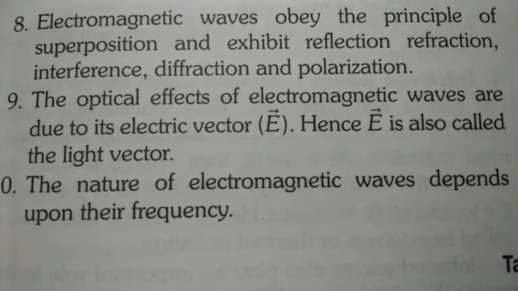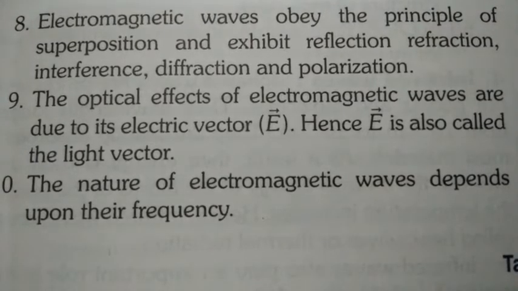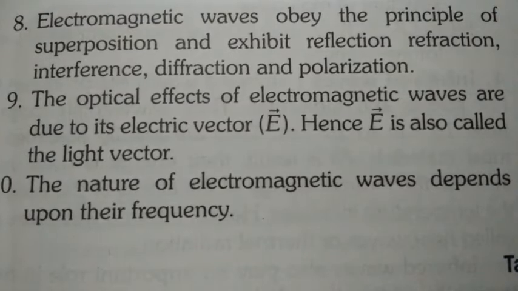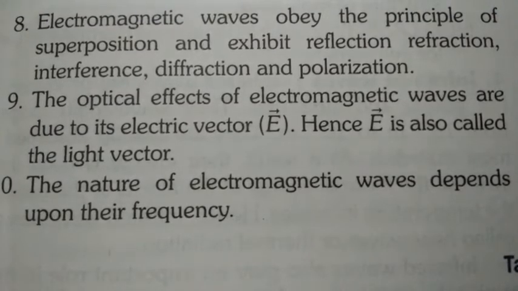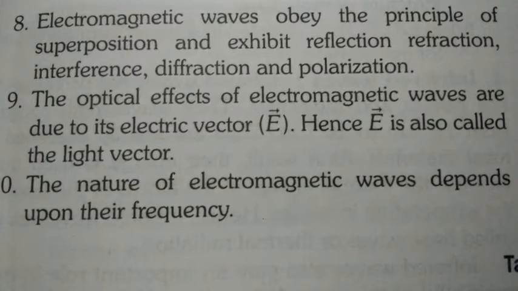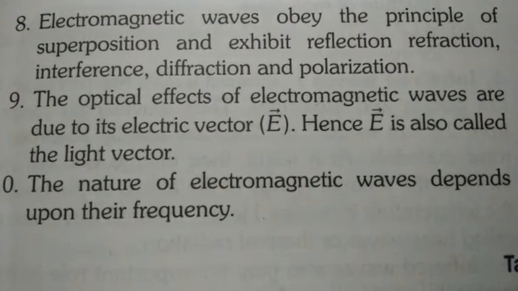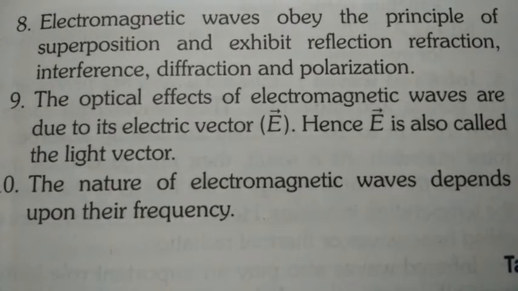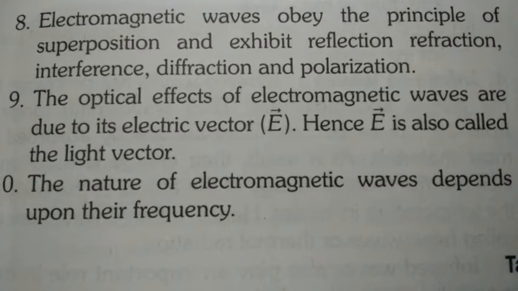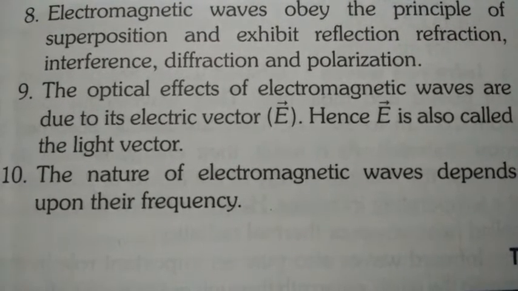Optical effects mean whatever effects we observed in point 8, like reflection and refraction, they all are because of the electric field. So electric field E is also called the light vector.